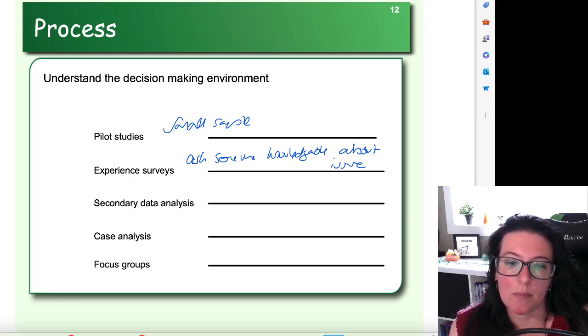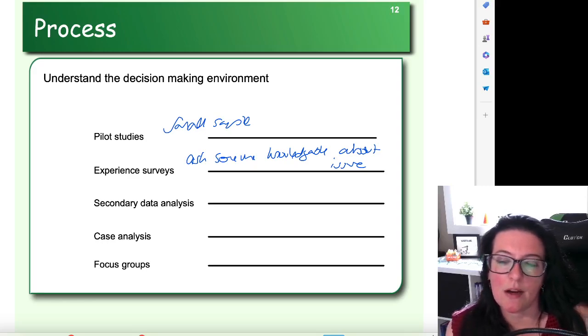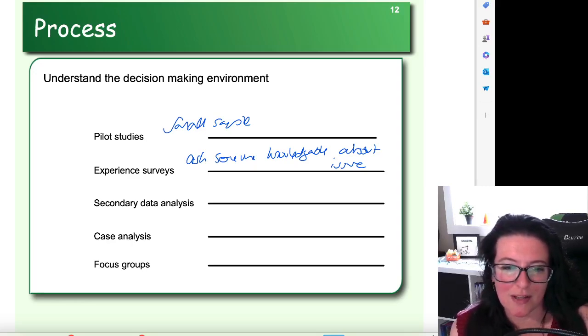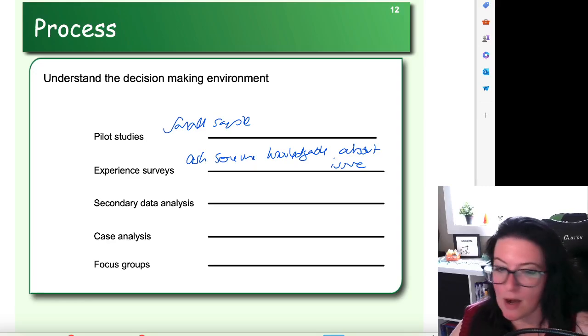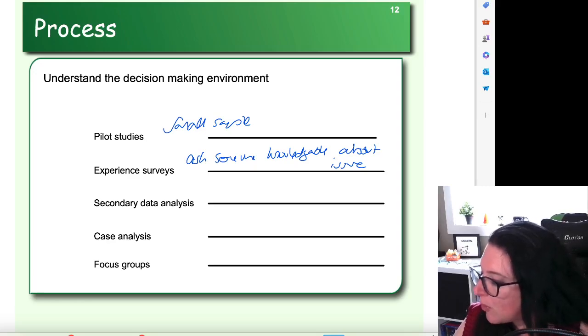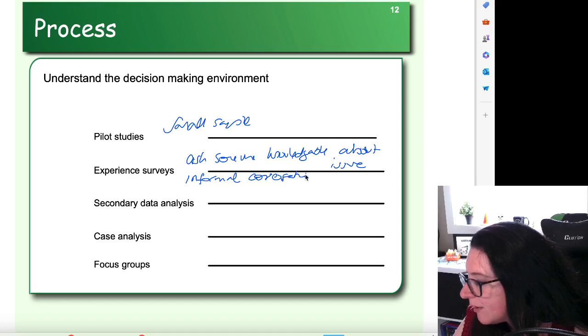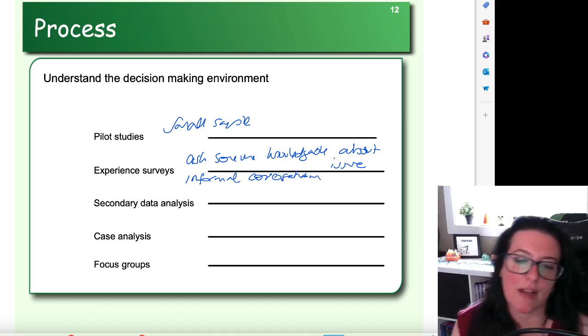And you're looking at the impact to your organization. And so maybe your experience survey here is just a quick phone call to the local university to talk to a business instructor, right, about the issues, get their thoughts. So this can be a more informal conversation, as opposed to kind of the surveys that we're more familiar with, the questionnaires that we're more familiar with.